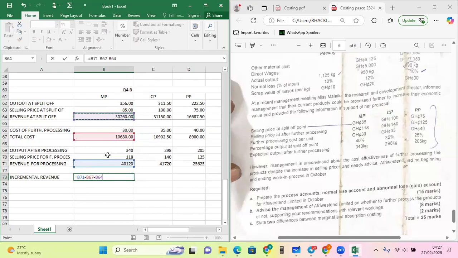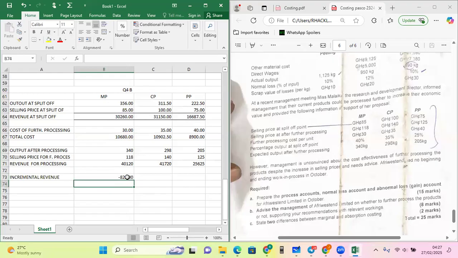But if it doesn't, we are going to reject that proposal. Boom, we had a negative here. Now let's try here, equal to this minus this minus this. Boom, we had a negative here. Let me color it.